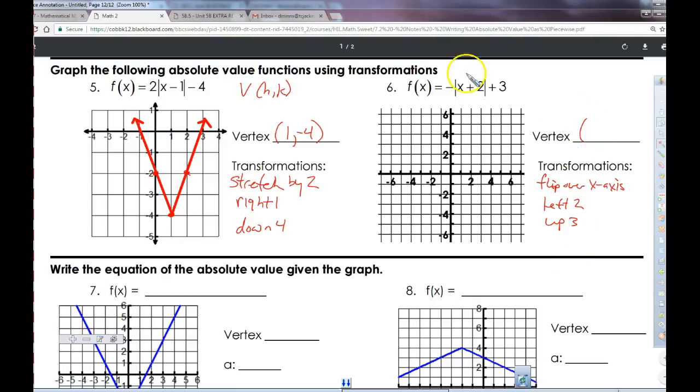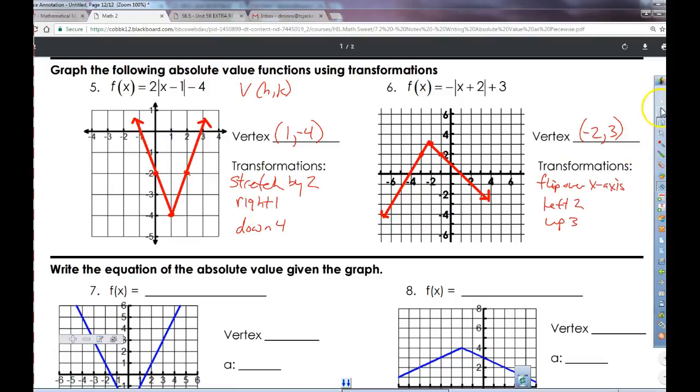Our vertex is the opposite of what's in here, negative 2, comma 3. There's my vertex. Now my a value is negative 1. So down 1 over 1, down 1 over 1, kind of like a slope, but it's happening in both directions. So there is my graph, pointed off in that direction, and also pointed off in that direction.